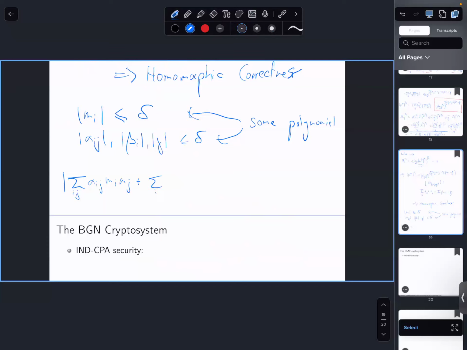Then let's compute the absolute value of the sum over ij of alpha_ij m_i m_j plus the sum over i of beta_i m_i plus gamma, right? The first thing we can throw at this is the triangle inequality. The absolute value satisfies the triangle inequality, so this is smaller than the sum of absolute values; I'm going to do that with all sums in one go. Now the absolute value of a product of any number of values is just the product of the absolute values.